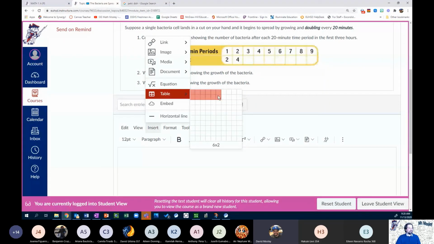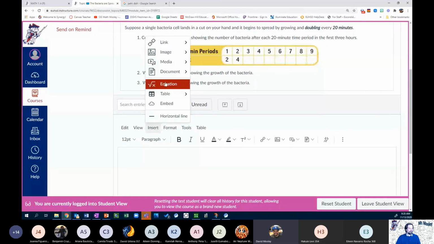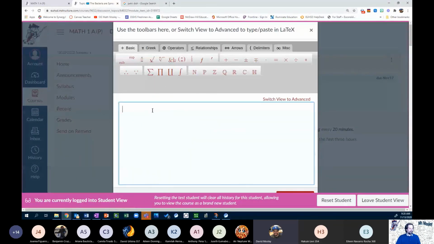So you can add a table right here in the text editor, fill it in, and then to write your symbolic rule to make it actually look nice and mathy, you can also insert an equation. And it pops up this little equation editor that makes things look nice. And so you can make it be nice and pretty, right?